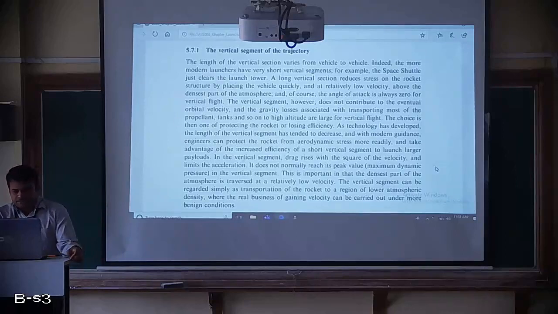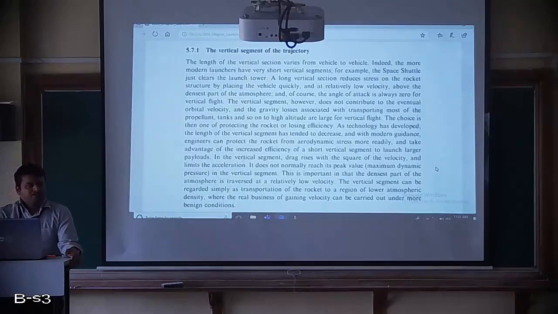So nowadays, the technology has improved. The length of the vertical segment has tended to decrease, and with modern guidance, engineers can protect the rocket from aerodynamic stress and take advantage of the increased efficiency of a short vertical segment to carry larger payloads. So nowadays everything is developed.